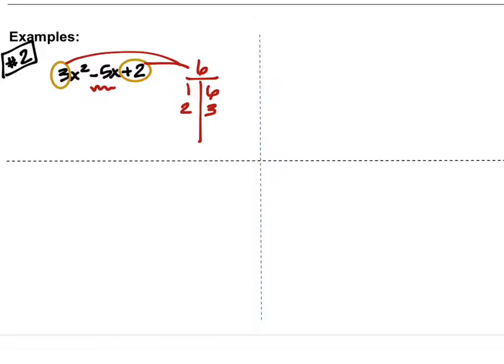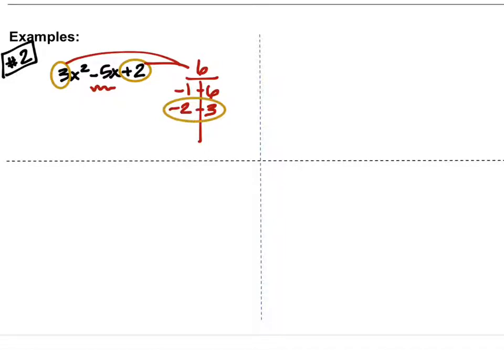Now I look and say, I'm trying to find the terms that add to my second term coefficient of negative 5. Two positives when I multiply give me a positive, and two negatives when I multiply give me a positive. So I'm going to make both of these negative.